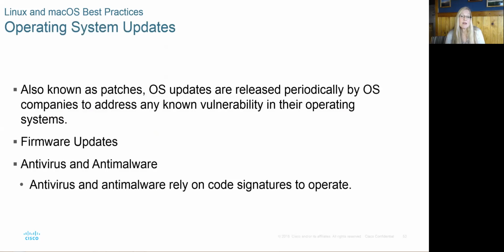Operating system updates. While companies have update schedules, the release of sometimes unscheduled operating system updates is common because perhaps a major vulnerability was found in the operating system code. Firmware updates are usually held in non-volatile memory, such as ROM or flash.